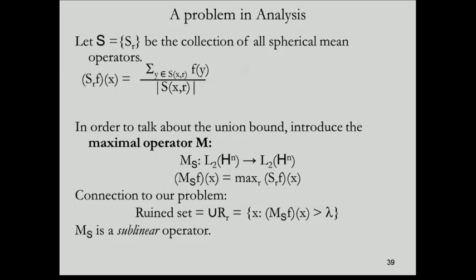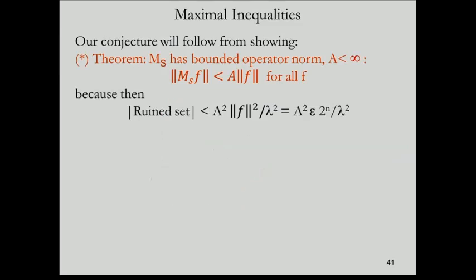The theorem that we ended up showing is that this maximal function has bounded operator norm, independent of the dimension, which means the L2 norm of Mf is less than some constant a times the norm of f, for all f.